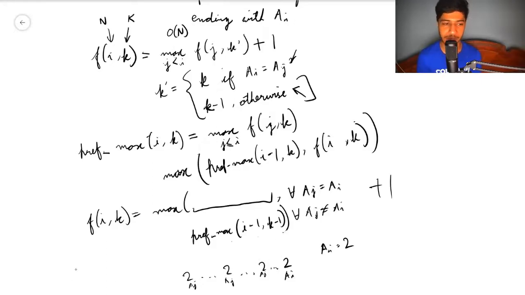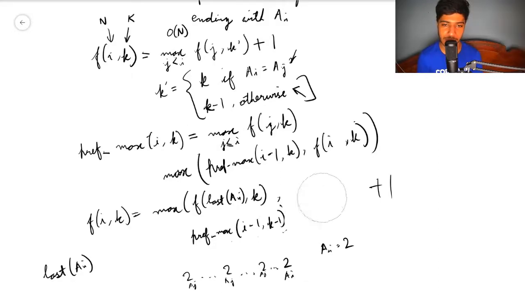So for every element, we also save last ai, which is the last occurrence of ai. So for that, I'll have f of last of ai. So I'll have the max between the two, so I can erase this.